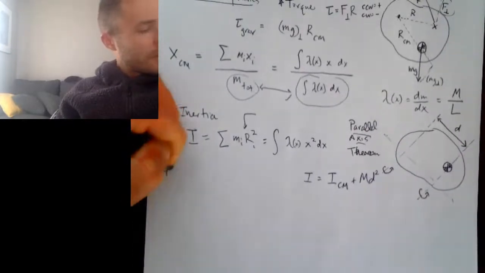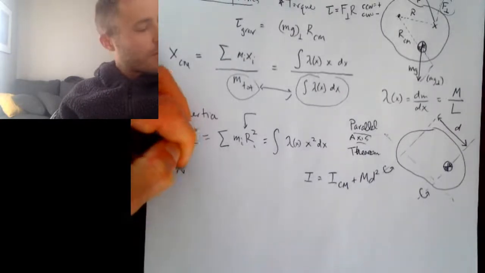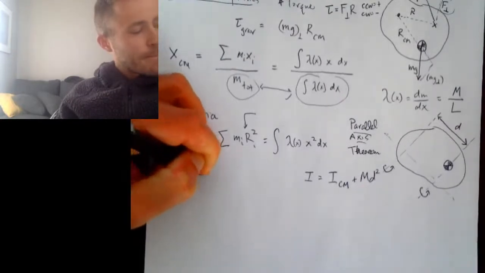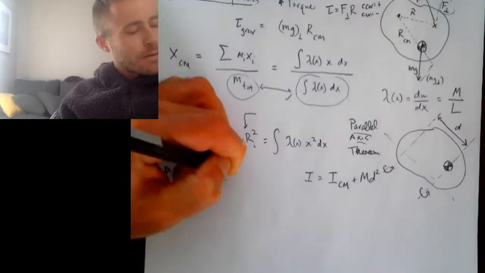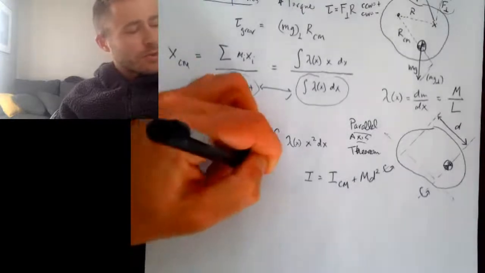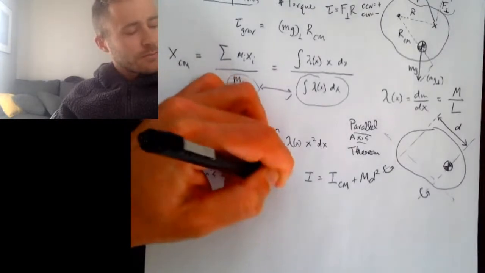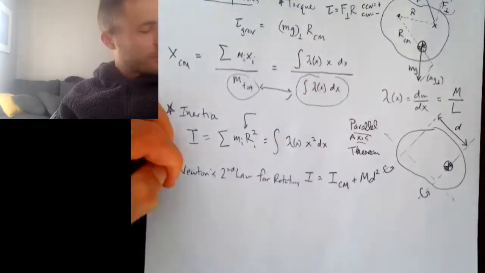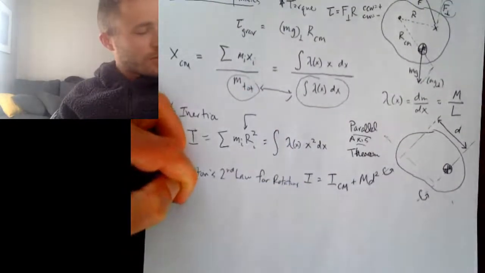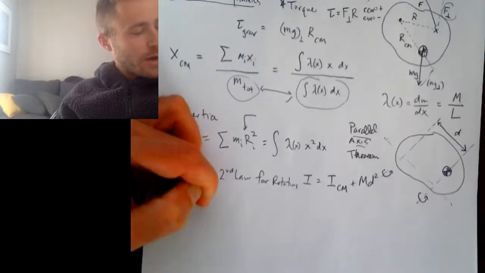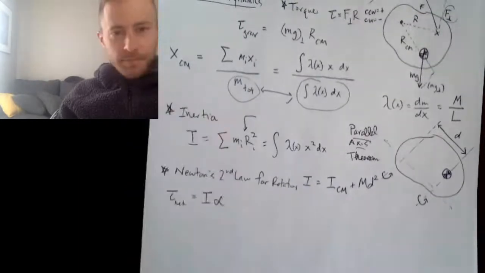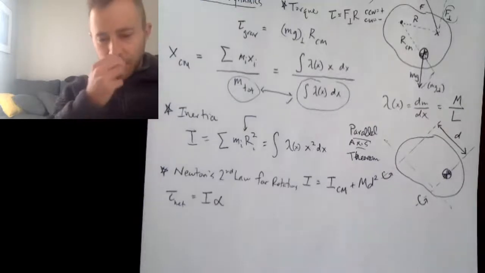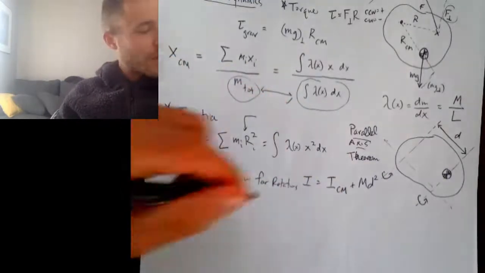Then we talked about Newton's second law for rotations. Newton's second law for rotations says that the net torque is equal to I times alpha, where alpha is the angular acceleration. So let me remind you the definitions of some of these angular quantities.